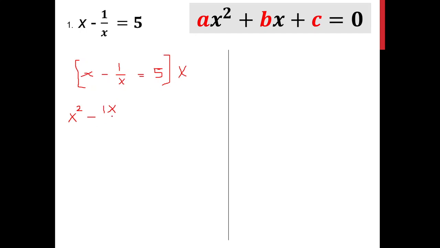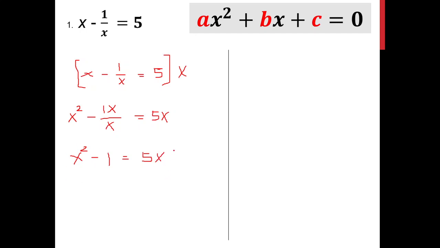So 1 times x is 1x over x, equals 5 times x, which is 5x. Here, x divided by x is equal to 1, so x divided by x will give us 1. So you have x squared minus 1 equals 5x.